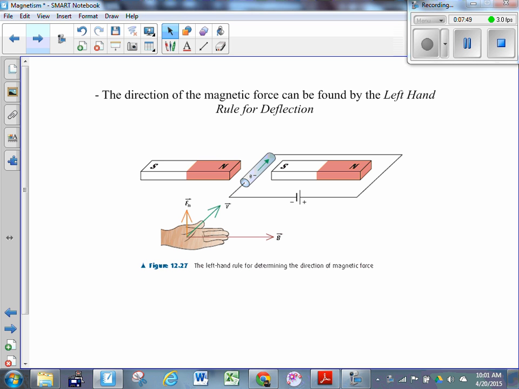Just the same as the particle moving through the air experiences a force in a certain direction, the wire itself will experience a force in the same direction. So for instance, in this case, particles going into the page, whether it's in a wire or not, experience a force, thumb, fingers, up toward the top of the page. If the particle experiences that force toward the top of the page, so does the wire, because the wire has to experience a force in the same direction as the particle.